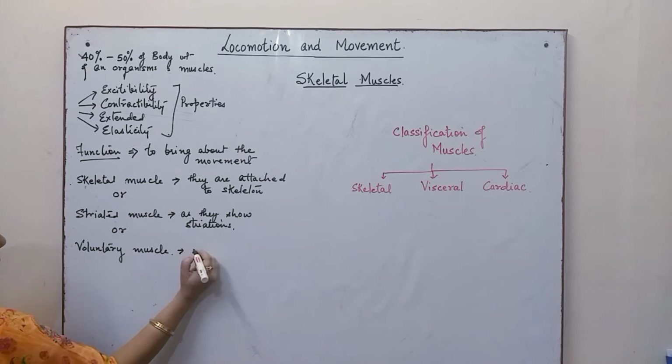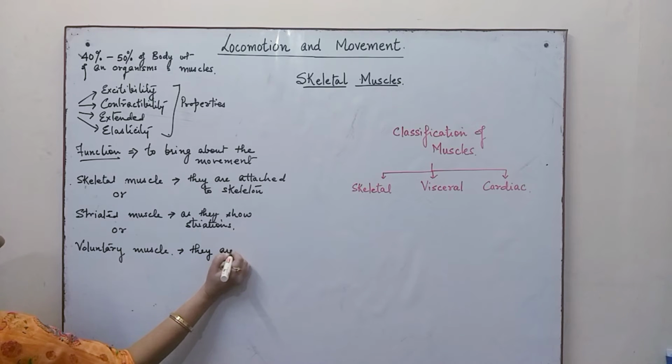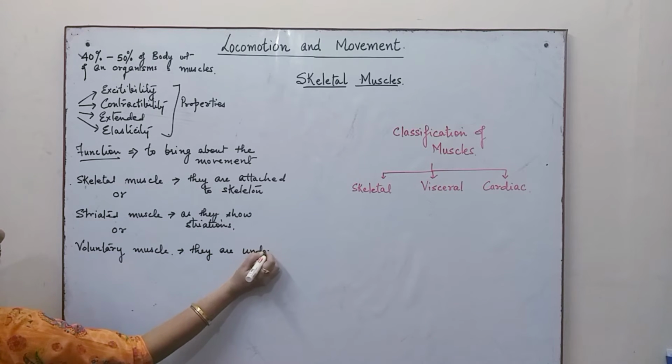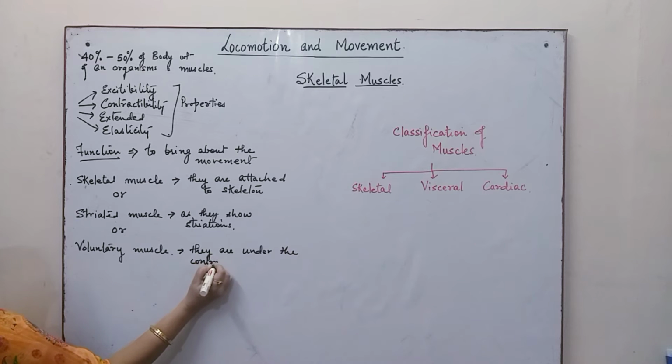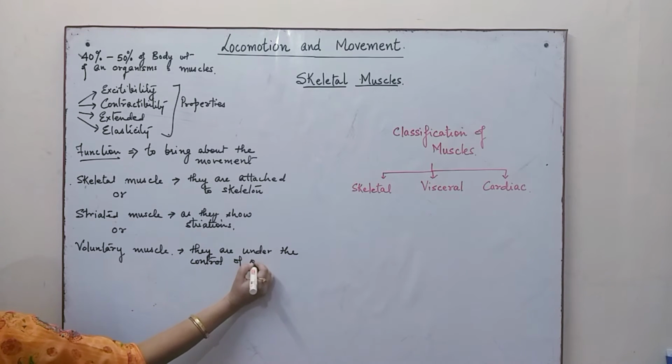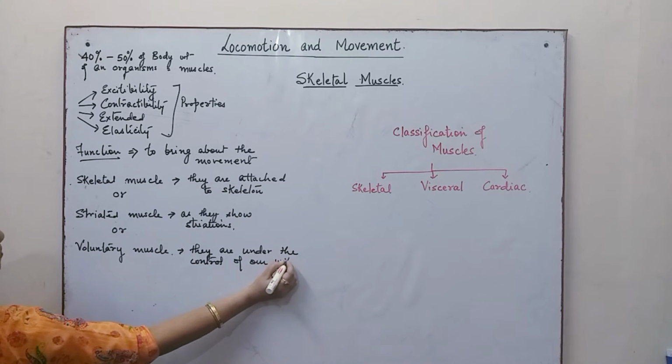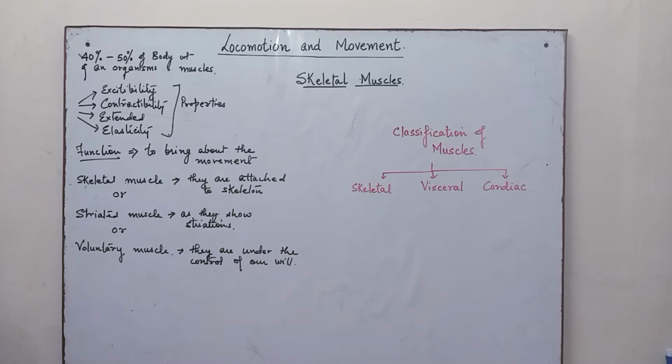Why voluntary muscles? Because they are under the control of our will. That means if we want to move, for example, I want to move my hand, it is moving because I want it to. So it will fall under the voluntary muscle, striated muscles as they have striation, and the skeletal muscle.